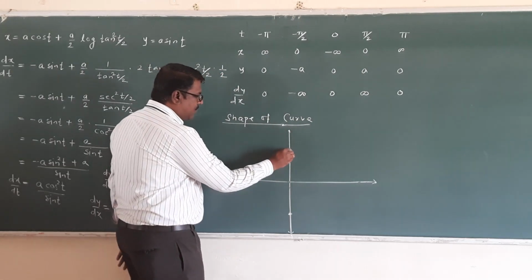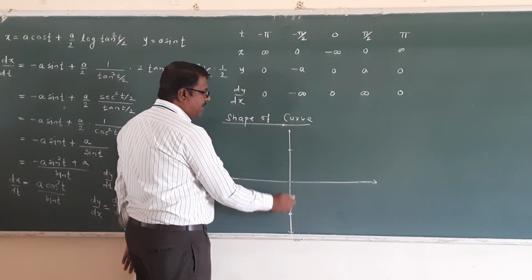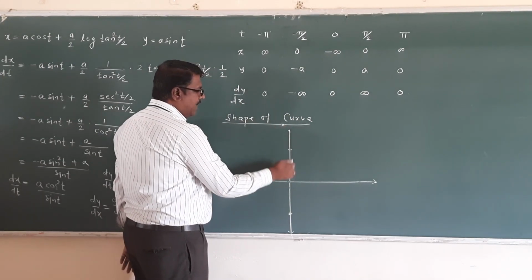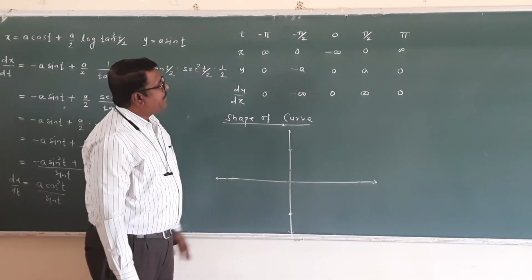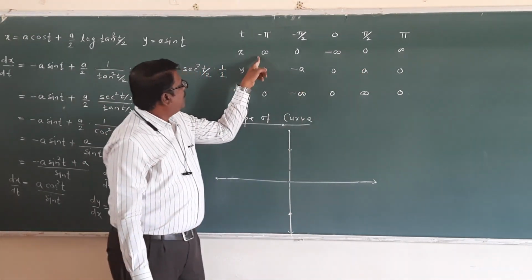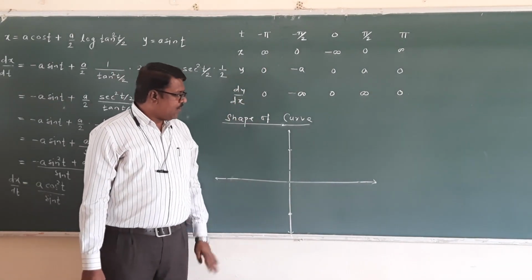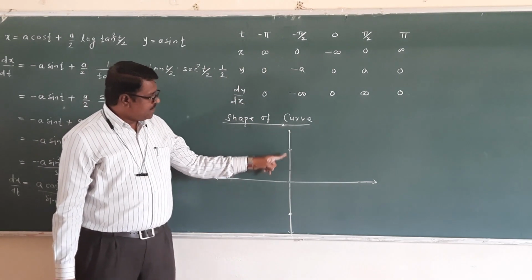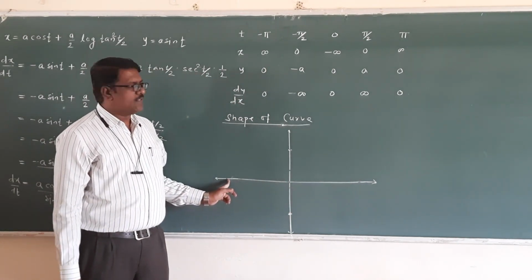So x is 0, y is a means this point, at distance a on the y-axis. And the next point is again repeated, infinity 0, already plotted. So in total we got 4 points. These two and these 2 points are at infinite distance.